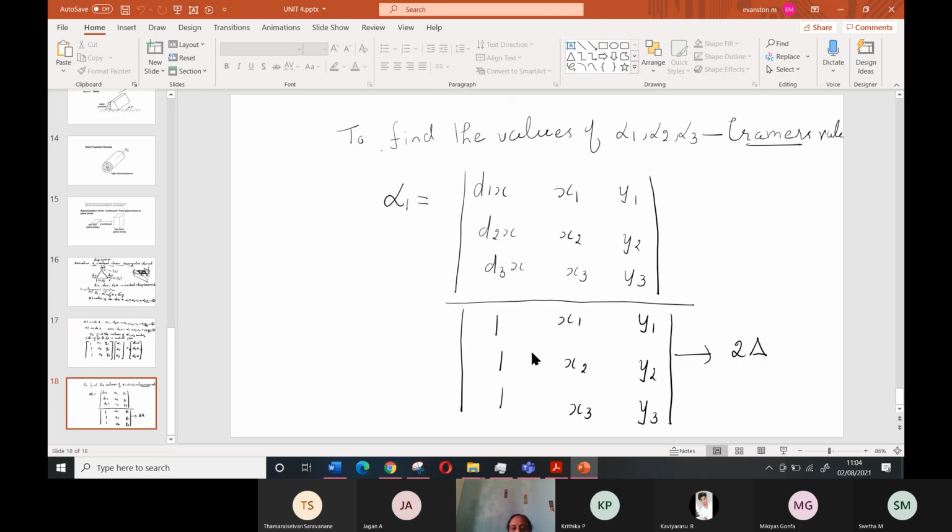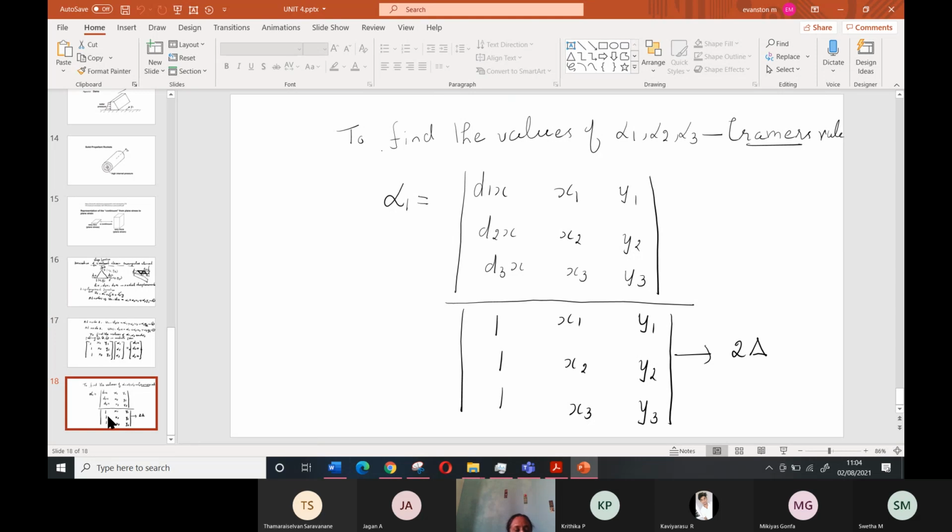That should be divided by the determinant of the original matrix, with rows 1 x1 y1, 1 x2 y2, 1 x3 y3. That we call 2 delta. Similarly, I have written for alpha 2.